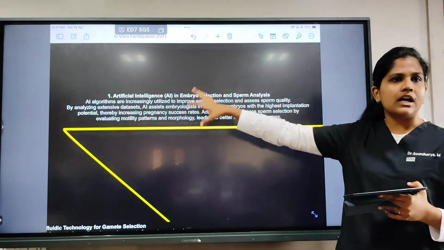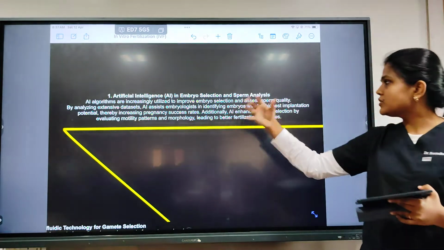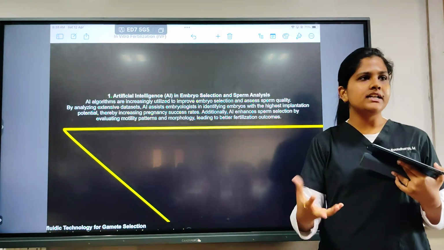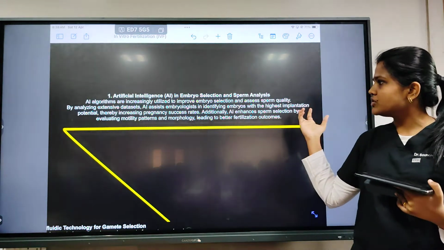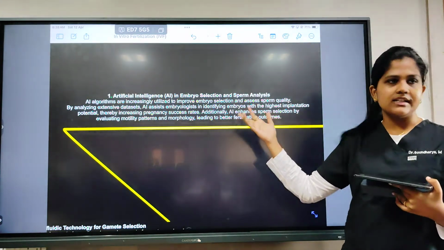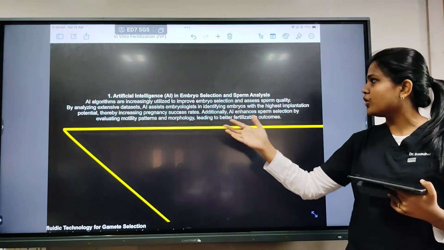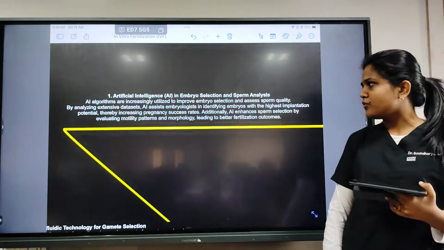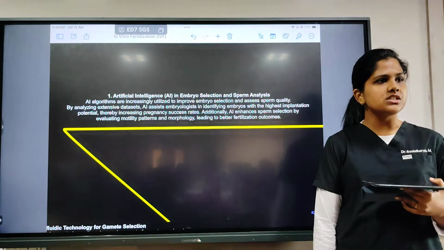There will be a large number of data sets for training, so they will be able to identify which sperm is more fertile to get a higher chance of success in pregnancy, and a higher implantation potential also. So it enhances sperm selection by evaluating their motility patterns and morphology, leading to better fertilization outcomes.